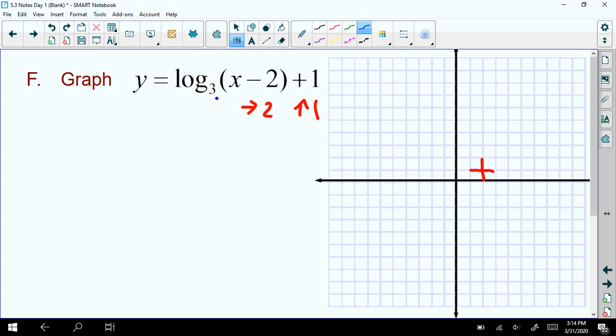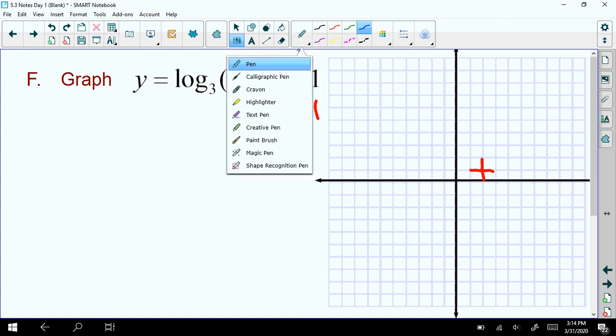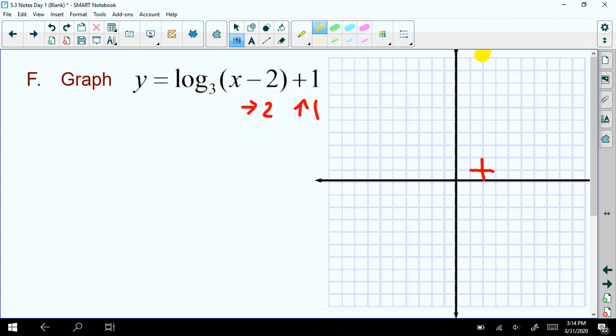The base this time is 3. It's not log base 2 like the last one. It's base 3, but that doesn't change our vertical asymptote. It's the same. Our first point is always going to be 1 space to the right of our origin, and then for the rest of it, it's just the powers of 3.